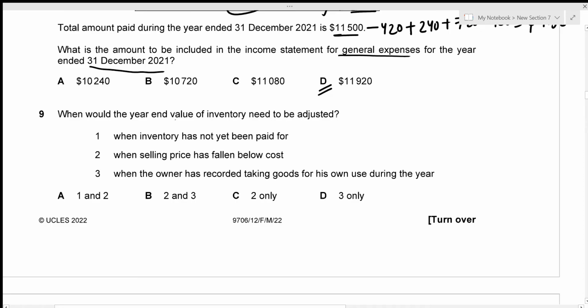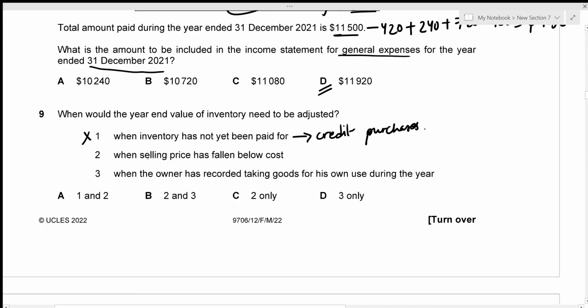When would the year-end value of inventory need to be adjusted? The first one is when inventory has not been yet paid for. So when the inventory has not been paid for, that's going to be just credit purchase, right? And credit purchases need not be adjusted. So that's incorrect. The second one is when selling price has fallen below cost.